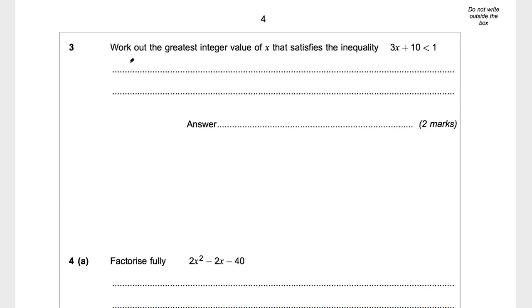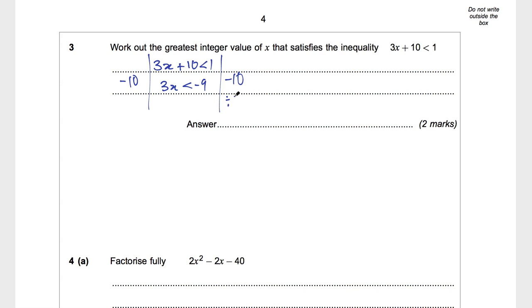Work out the greatest integer value of x that satisfies the inequality 3x plus 10 is less than 1. This is solving an inequality and then giving the largest answer. So 3x plus 10 is less than 1, minus 10 from both sides. That gives us 3x is less than minus 9.